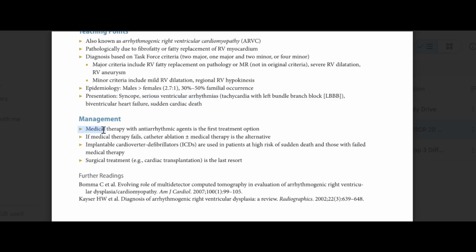Management: medical treatment, antiarrhythmic drugs. Antiarrhythmic medication is the first line of treatment. If medical treatment fails, catheter ablation.